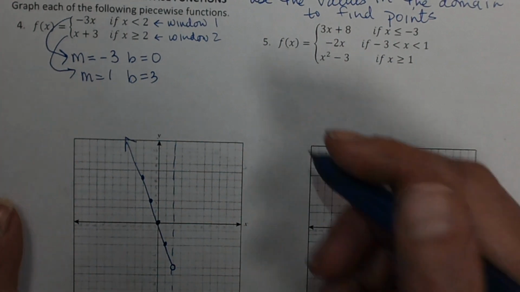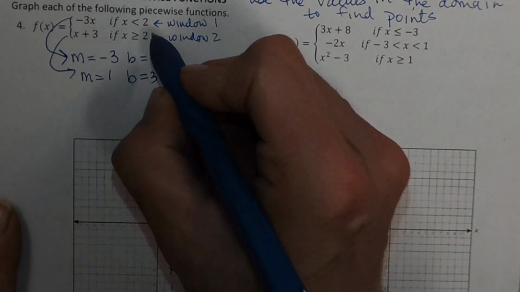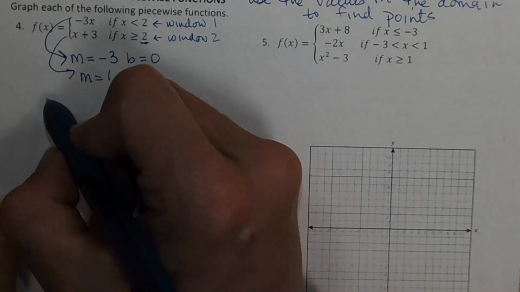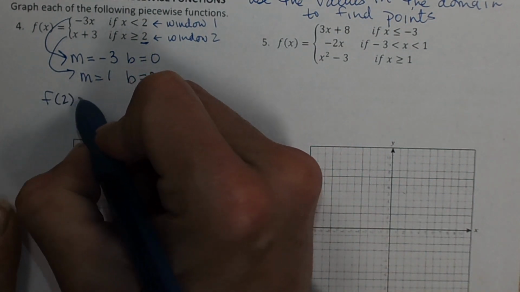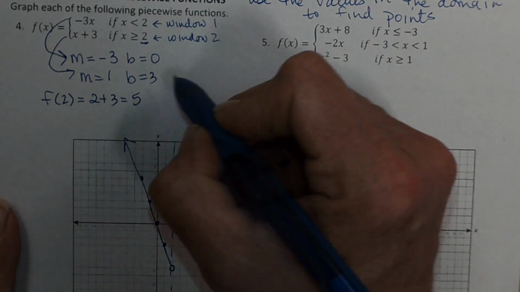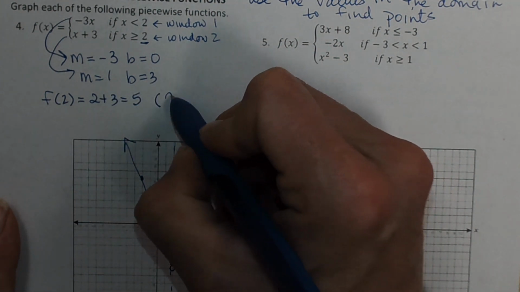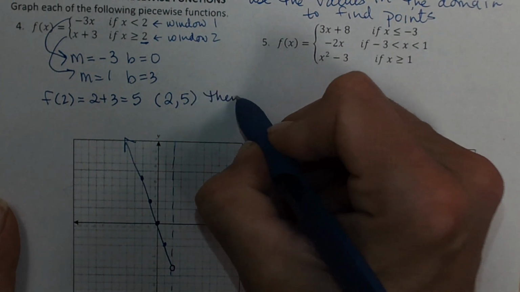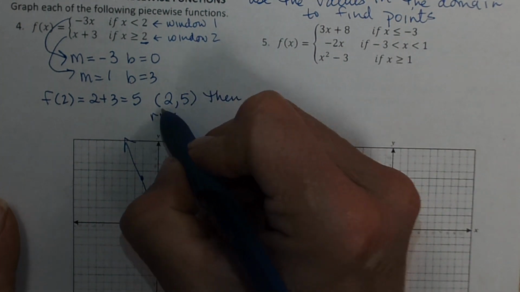So I'm going to plug in the first value of the domain and ask, what would f of 2 be? Well, that would be 2 plus 3, which is 5. So then I can plot the point (2, 5) and do my rise and run from there.